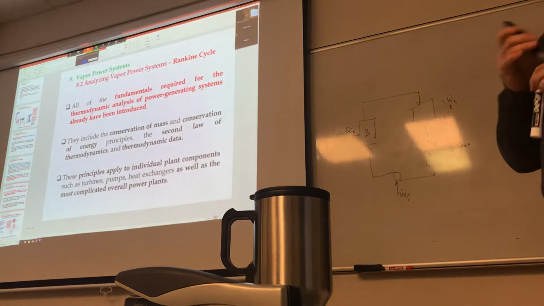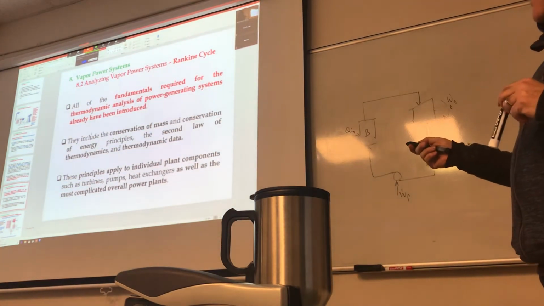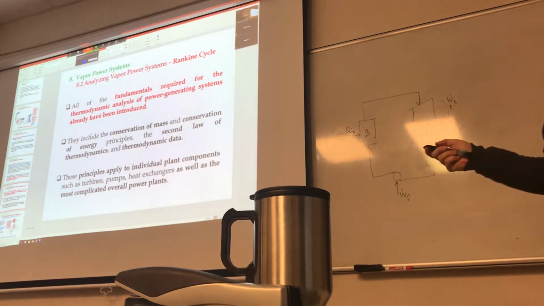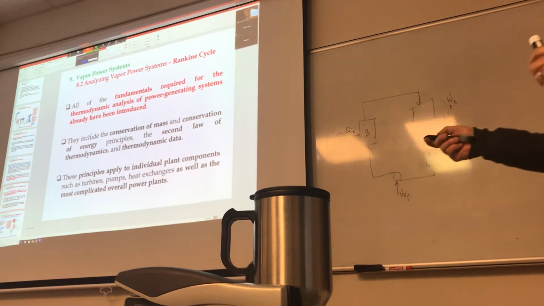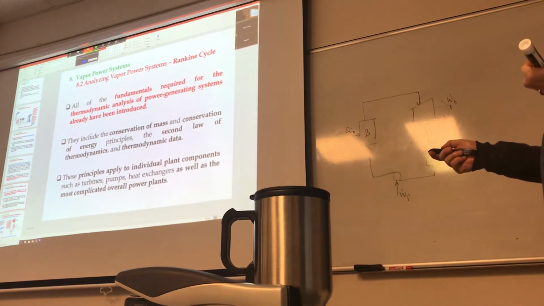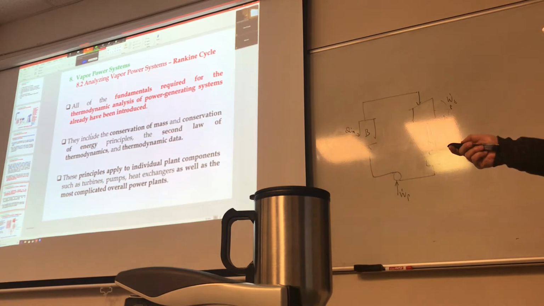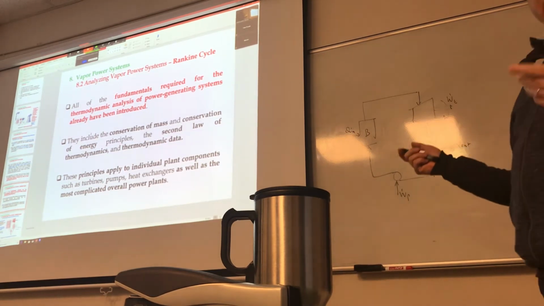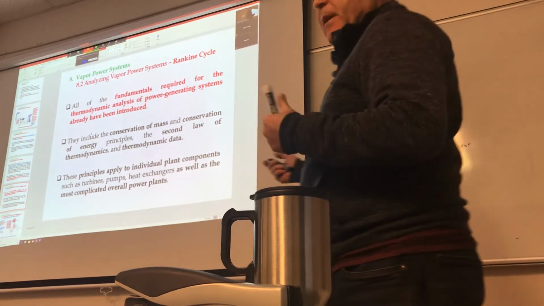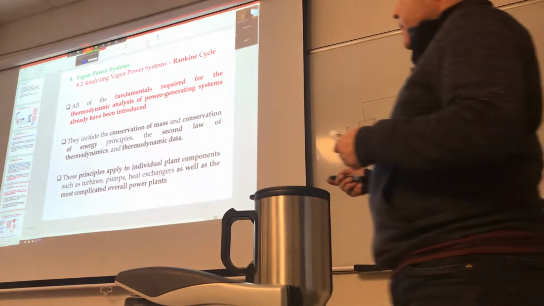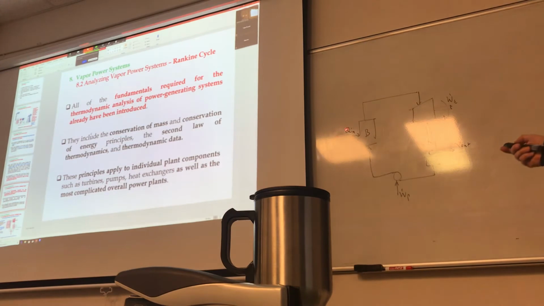The fundamentals that I'm talking about include the conservation of mass, conservation of energy principles, and the second law of thermodynamics. That's why we spent some time at the start to talk about the first law and the second law. These principles apply to individual components of the plant as well as the more complicated overall plant.